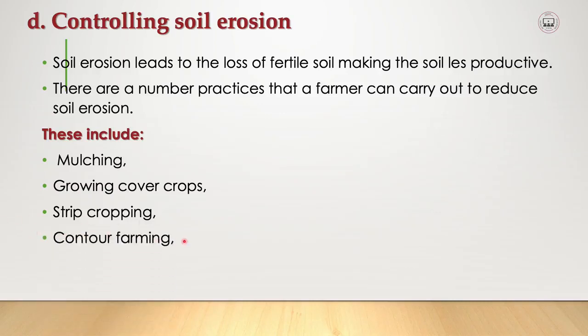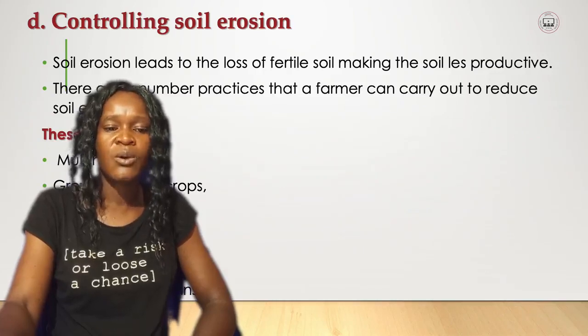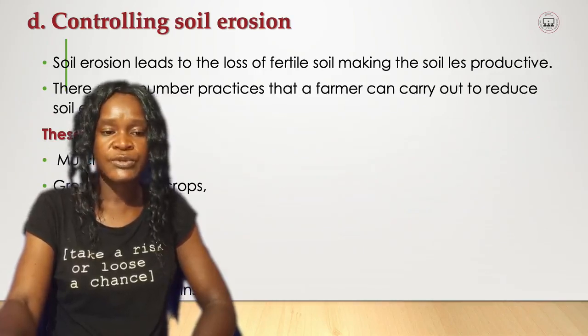Contour farming will reduce the speed of runoff, so the top layer of the soil cannot be carried. The same applies to terracing, which will reduce the speed of runoff. Apart from that, use of cut-off drains. All these will reduce the speed of runoff. So if the speed of runoff is reduced, obviously we can minimize or control soil erosion.